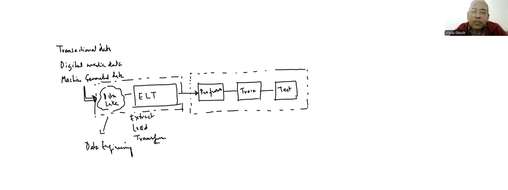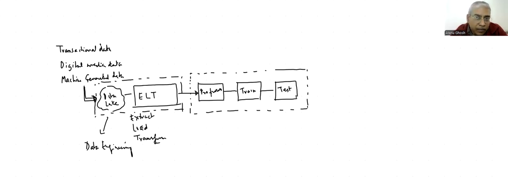Data warehouses are built on OLAP system. The process of converting data from the OLTP system to the OLAP system is called the ETL system, extract, transform, and load. You extract the data from the OLTP system, transform the data so that querying becomes easier, and load the data into a data warehouse or OLAP system.